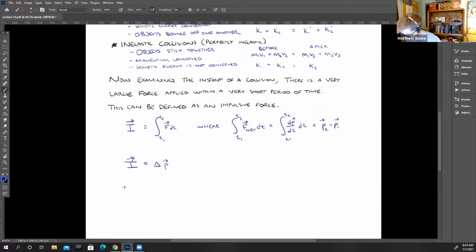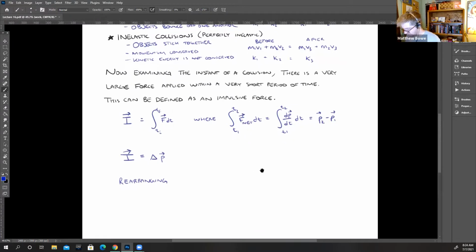Rearranging this equation, we can determine the average force and the impulse again from this average force. Say we didn't want to do this integral all the time.